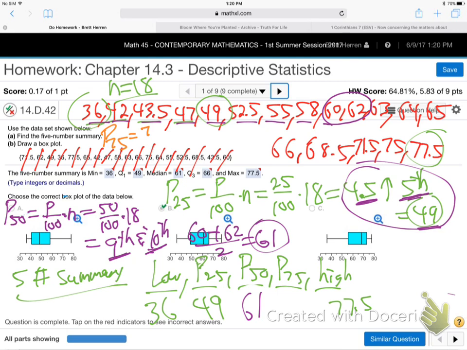P75 is 75 over 100 times 18. What is that? 13.5. So you round it up. 14th number, right? So I'm going to grab the 14th number. Everybody tracking with me? So what's that? 1, 2, 3, 4, 5, 6, 7, 8, 9, 10, 11, 12, 13, 14th number. 66 is the 14th number, the number 75% of the way through the data set.